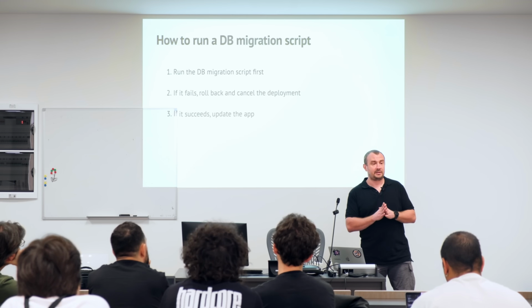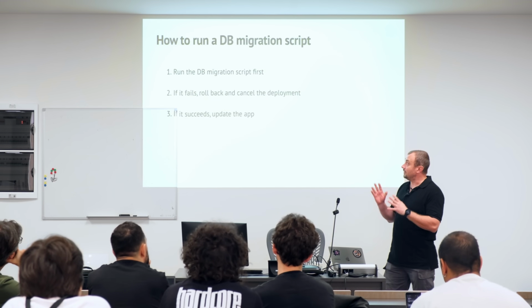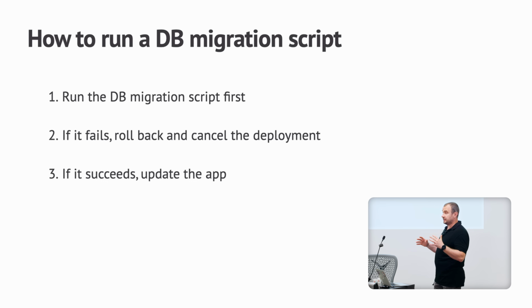How do we do this? We need to launch the DB upgrade script once and exactly once. And if it fails, just cancel everything and don't do any further deployment. And if it succeeds, update the app.